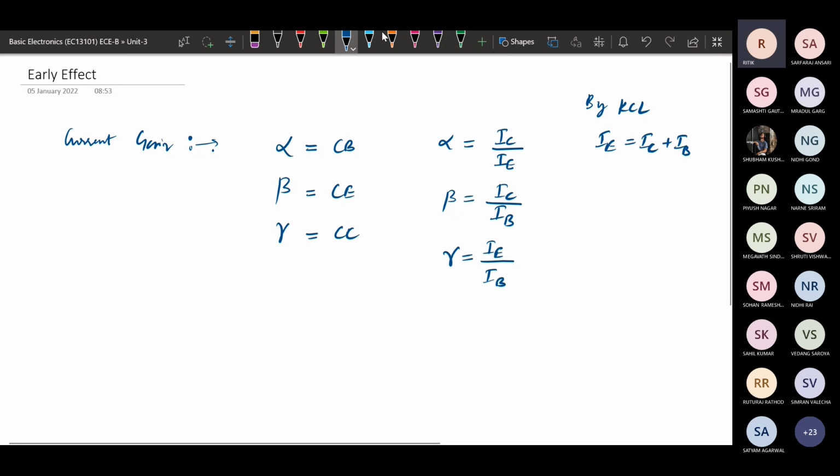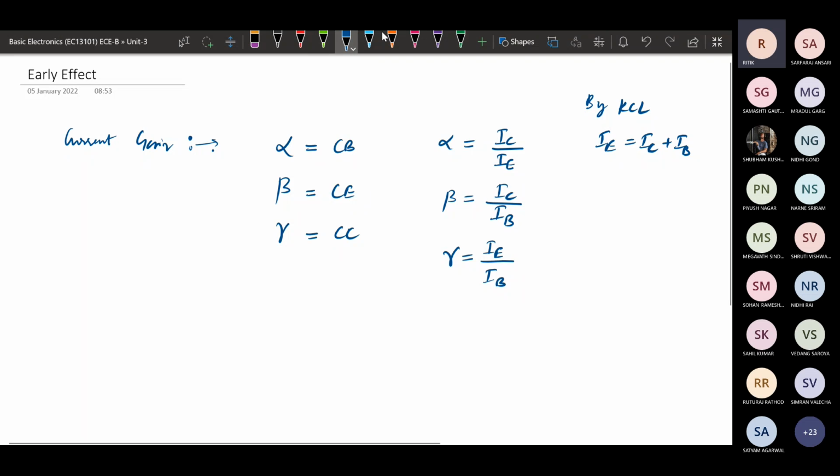Now we will see what the early effect is and how it is going to affect our current gains. Current gain will be affected by the early effect, so we will analyze how the early effect affects the current gain of the transistors.